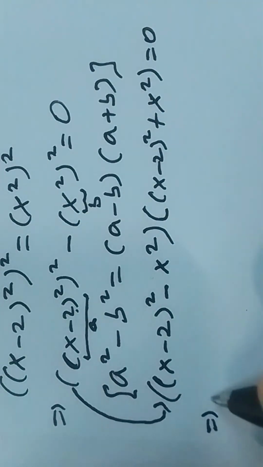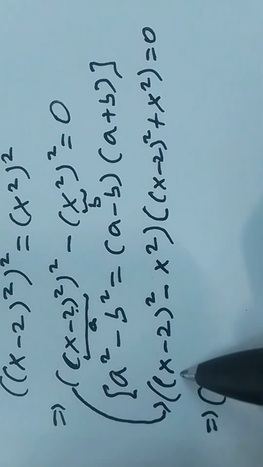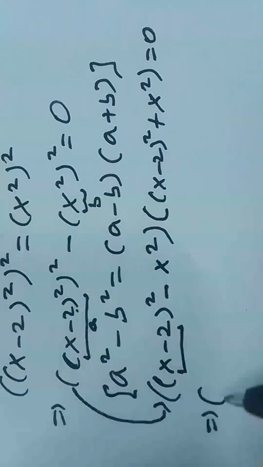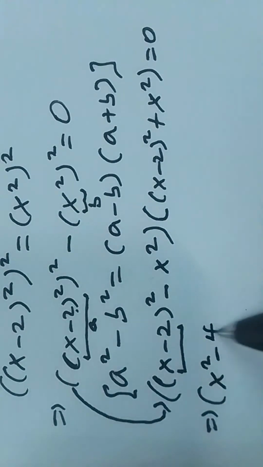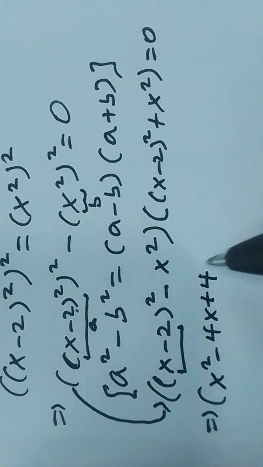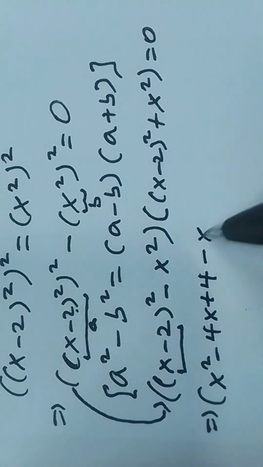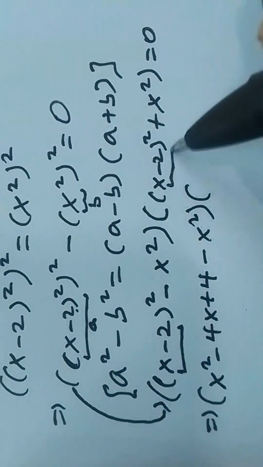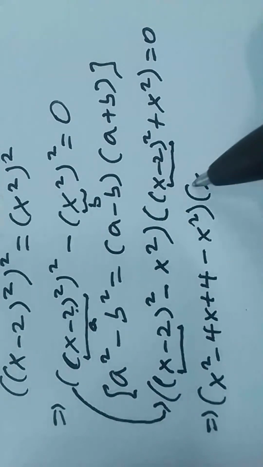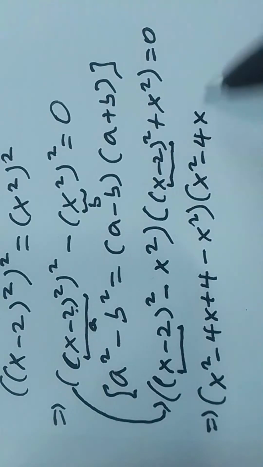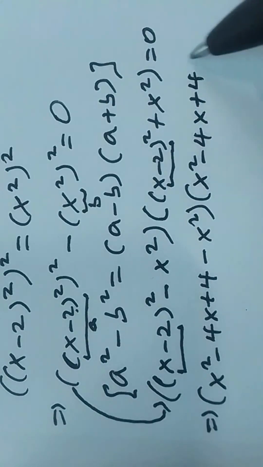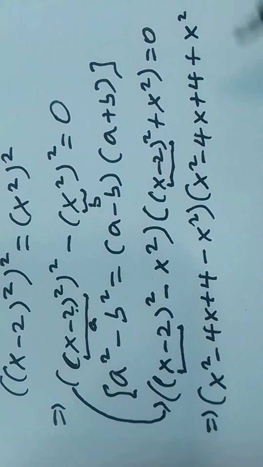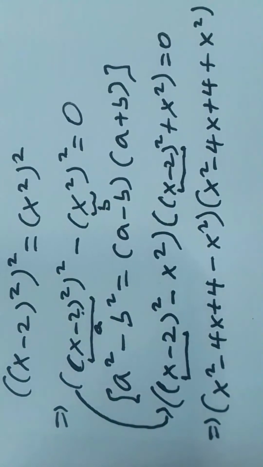If you expand (x - 2)^2 very well, we are going to have x^2 - 4x + 4 - x^2, times, expanding this guy also very well, x^2 - 4x + 4 + x^2, equal to 0.